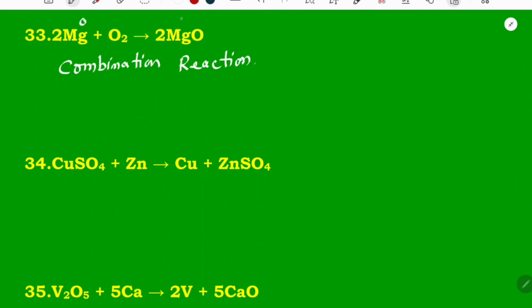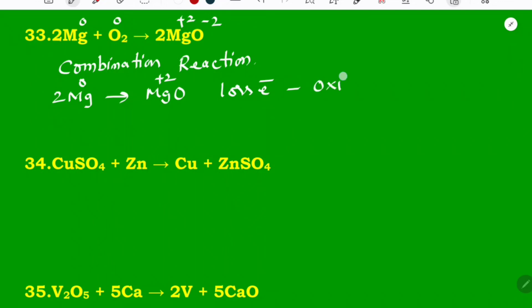And one more reaction you can check. This is 0, +2. Here 0, -2. Magnesium is converting to magnesium oxide. Here 0 to +2 came, which means loss of electrons takes place. Loss of electrons means oxidation.